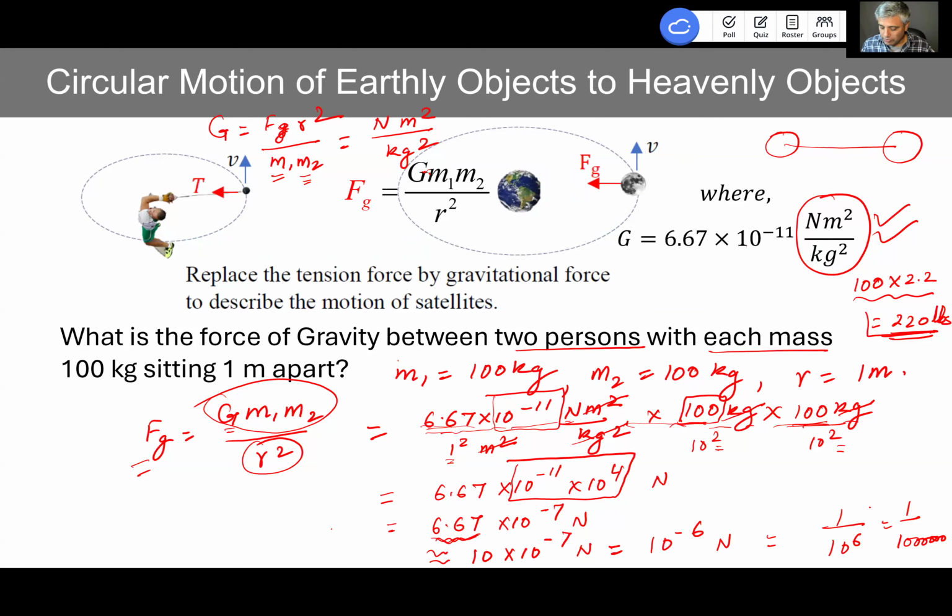So how many Newton force is there? 1 millionth Newton, not 1 million Newton, but 1 millionth, because million is in the bottom. So now how much is a Newton? For example, let's say if you have a small size apple, you put in your hand and you feel it, right? The weight of that apple is about a Newton.